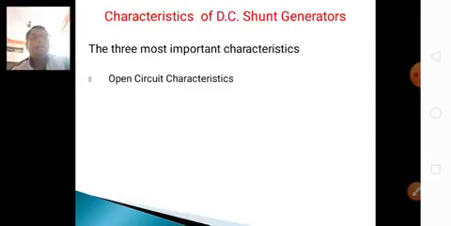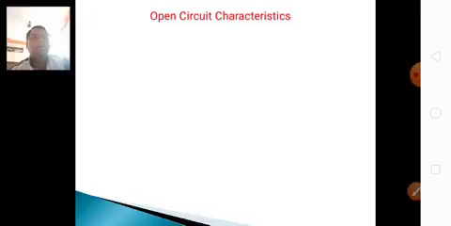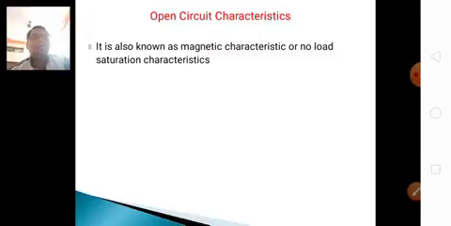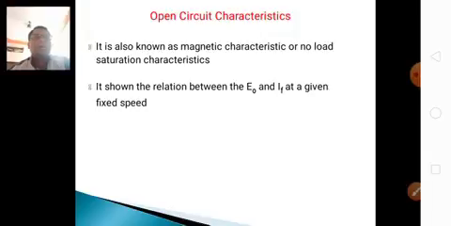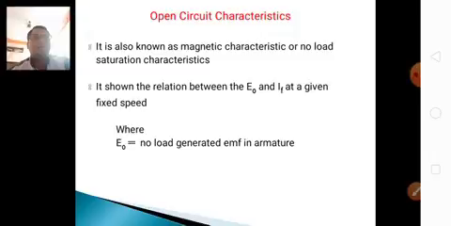Now for the characteristics of the DC shunt generator, there are open circuit characteristics, internal characteristics and external characteristics. First, the open circuit characteristics. It is also known as magnetic characteristics or no load characteristics. It gives the relation between E naught and If at a given fixed speed. E naught is the no load generated EMF, and If is the field current.